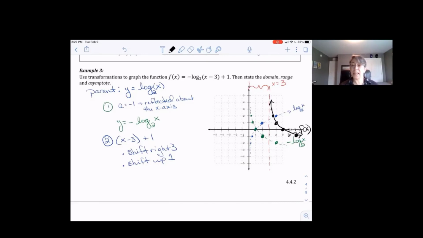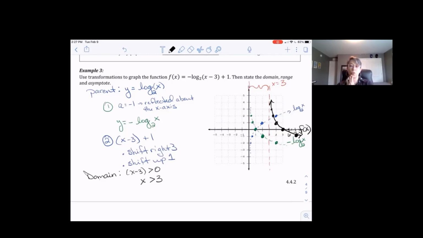Now they wanted us to state the domain, the range, and the asymptote of this new function. Now we can look at the picture to find the domain, but we can also look at just the argument. The +1 doesn't come into effect. Our argument was x minus 3. That has to be greater than 0. Add 3 to both sides. x has to be larger than 3, which is true.